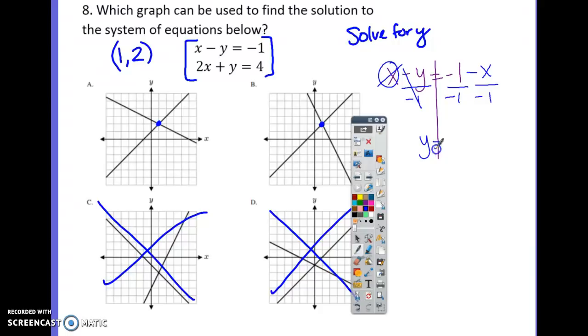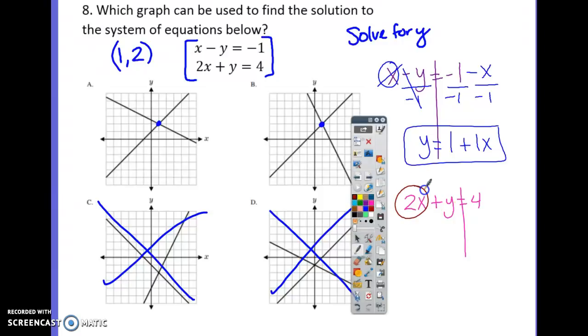So that's y equals -1 divided by -1 is 1, -1 divided by -1 is 1x. That's my first equation. My second equation, 2x plus y equals 4. This one's easier. You just move the 2x over, change the sign, and there's nothing to divide. So that's y equals 4 minus 2x.